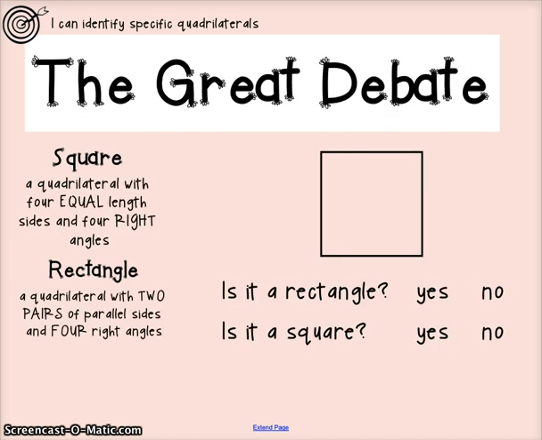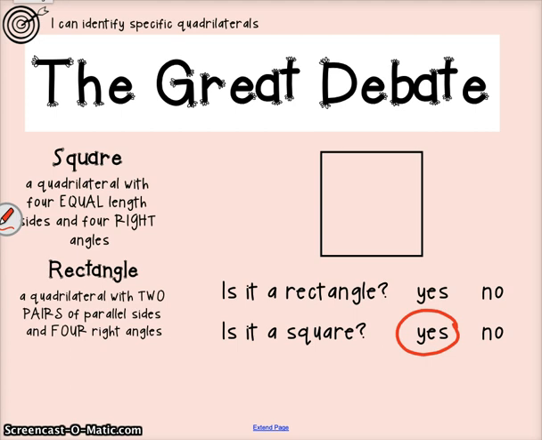So the great debate. If a square is a quadrilateral with 4 equal length sides and 4 right angles, is this shape a square? Yeah. Oh, sorry, that's a rectangle. Yes, it is a square because it has 4 equal length sides and 4 right angles. Is it a rectangle?